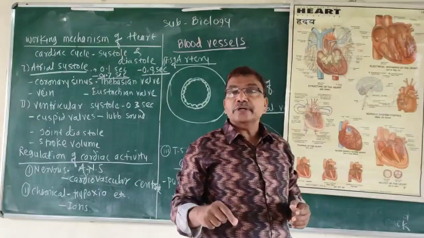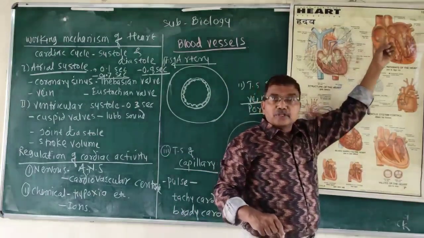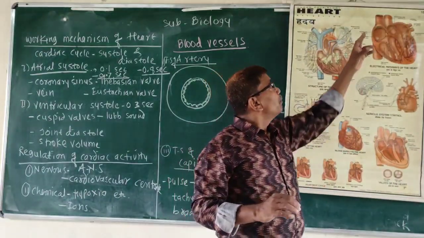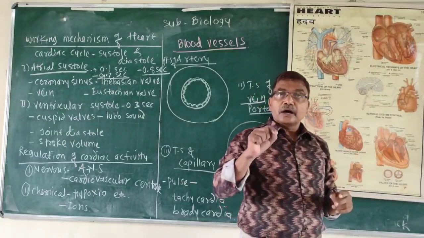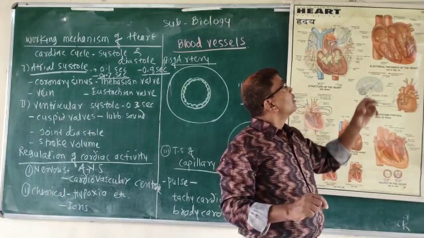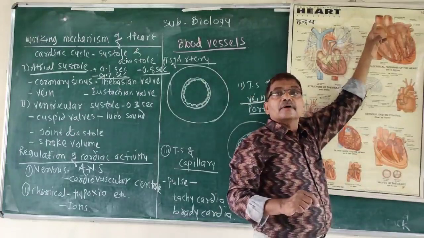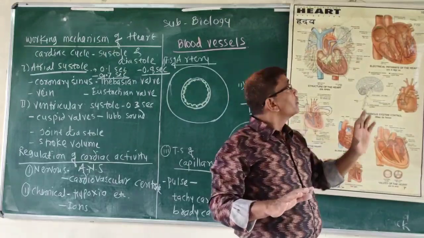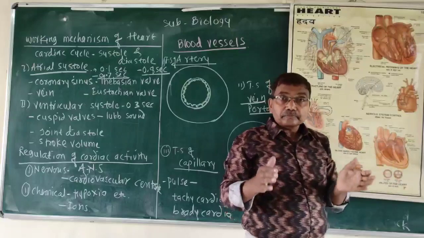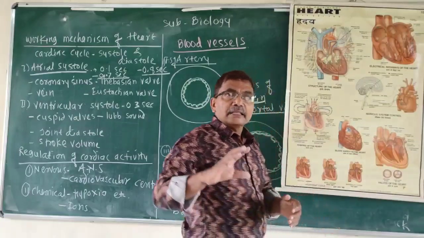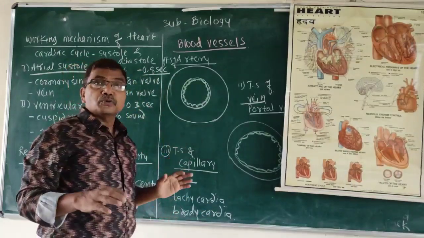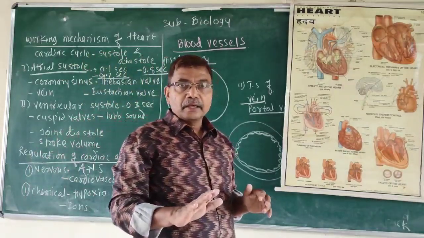That nodal tissue, situated at the base of the sinus venosus, is called the sinoatrial node, which is very important, from which the heartbeat or contraction is initiated. It creates a wave of contraction which spreads over the wall of the atrium and the total atrium contracts. That event is called atrial systole, and the time required for atrial systole is 0.1 second.